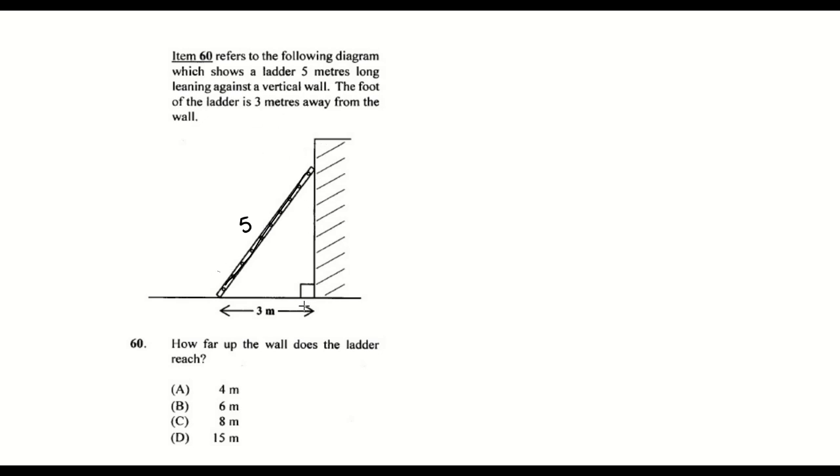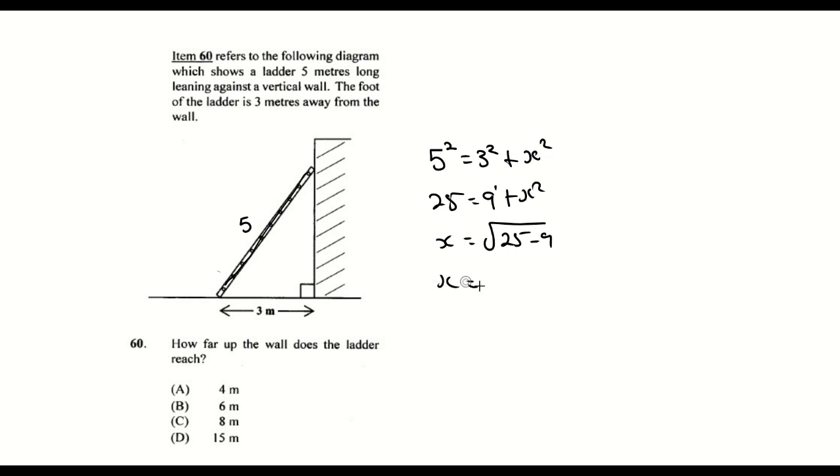They want to know this. So the hypotenuse is 5, so 5 squared equals 3 squared plus, let's call it x squared. So 25 equals 9 plus x squared. So x would be the square root of 25 minus 9. That is x equals the square root of 16, which is 4. So the answer for this is E.